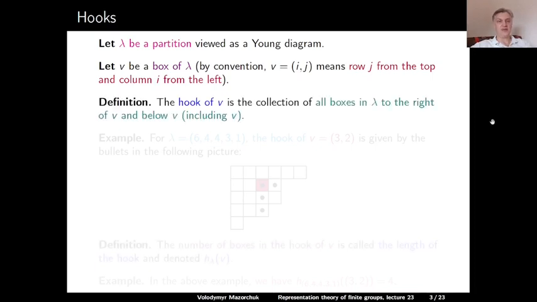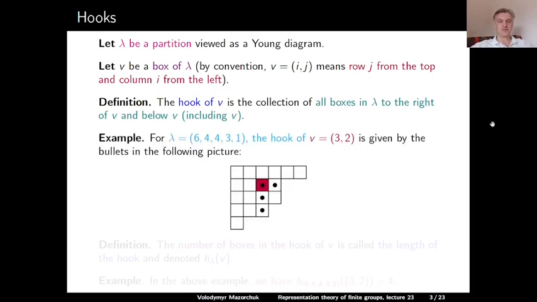Definition: if we have a box V in a partition lambda, then the hook of V is the collection of all boxes in lambda which are exactly to the right of V or exactly below V, including the box V itself.